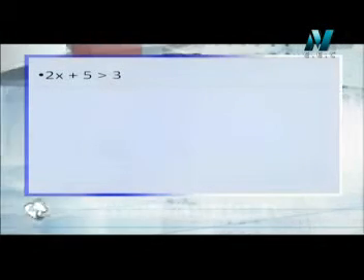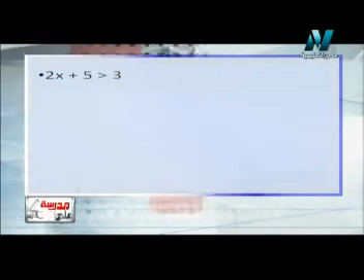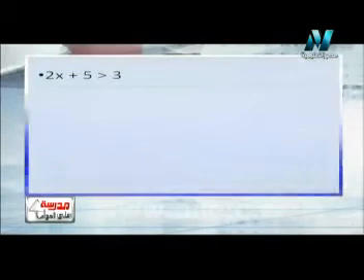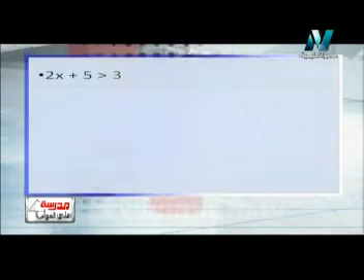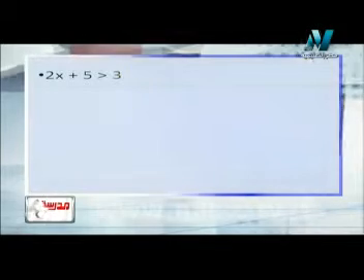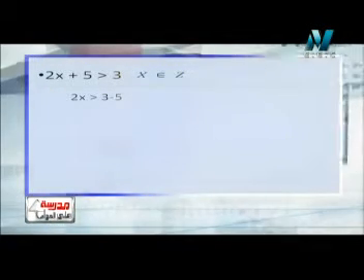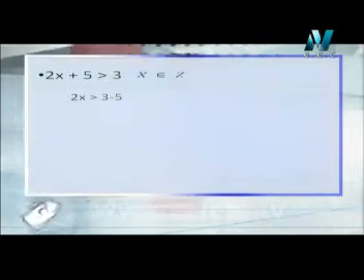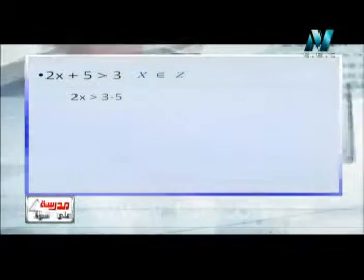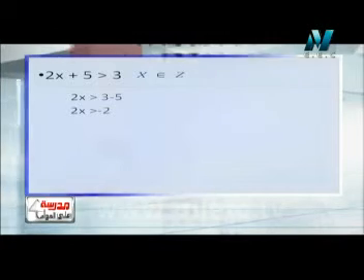The next one, 2x plus 5 is more than 3. 5, we move it to the other side with the inverse operation, plus we move it to the other side, minus. So 2x more than 3 minus 5. 3 minus 5 equals negative 2.